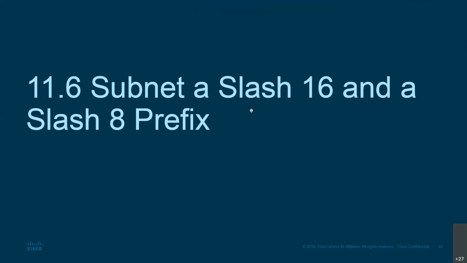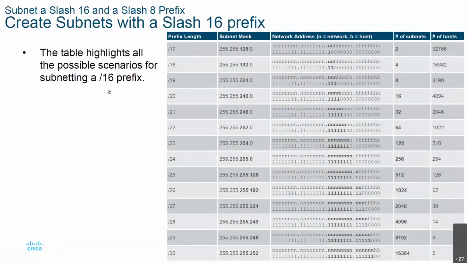So let's subnet a /16 and a /8 prefix. For example, here, a /16 prefix means you have 16 bits for the network portion and 16 bits for the host portion. But now you are borrowing 1 bit from the host, so making it /17. How many subnets can you create in /17? When you're borrowing 1 bit, remember 2 to the power of 1, that means only 2 subnets.